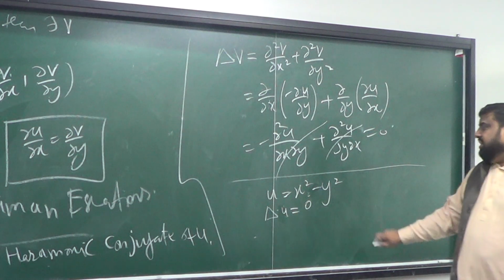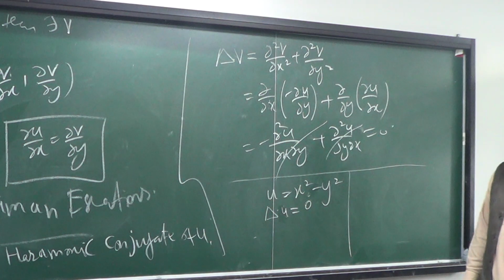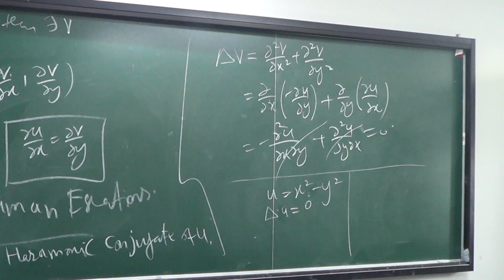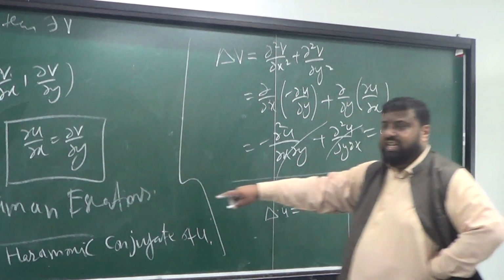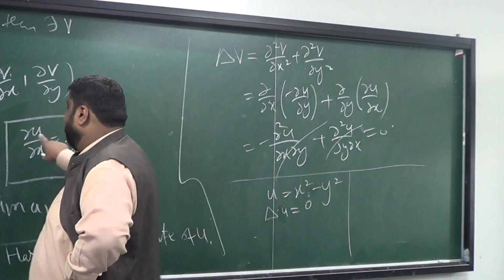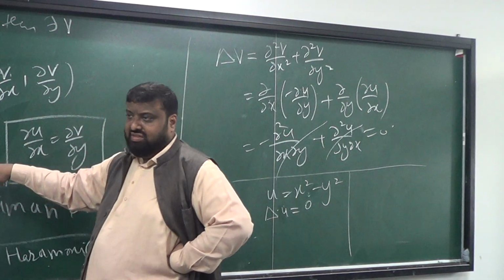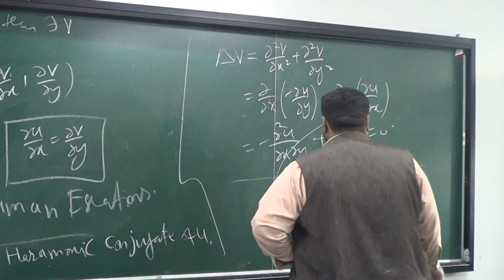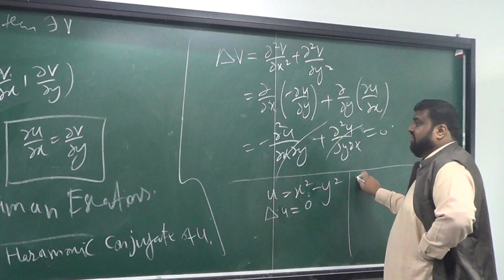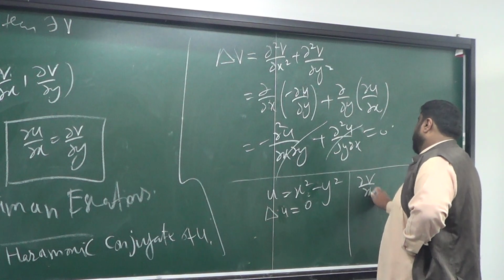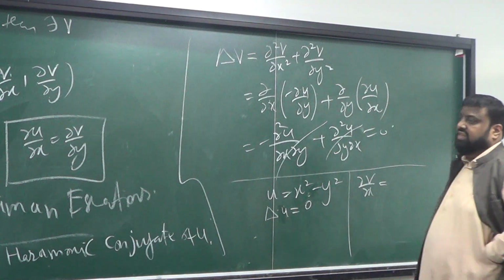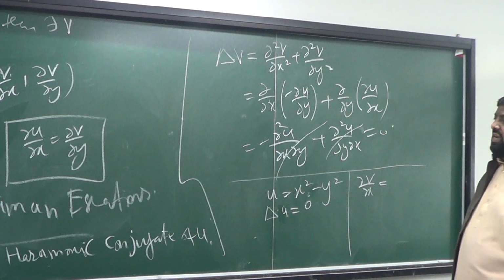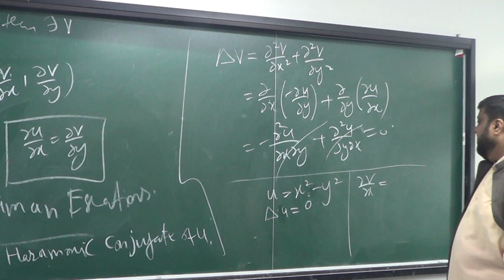Can I find its harmonic conjugate? I can find its harmonic conjugate. So Cauchy-Riemann equation can help us. U is known to me, so I can find V. So what would be the harmonic conjugate? Partial V by partial x is equal to, from Cauchy-Riemann equations, minus partial U by partial y.